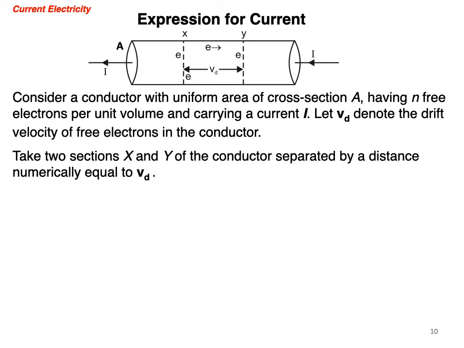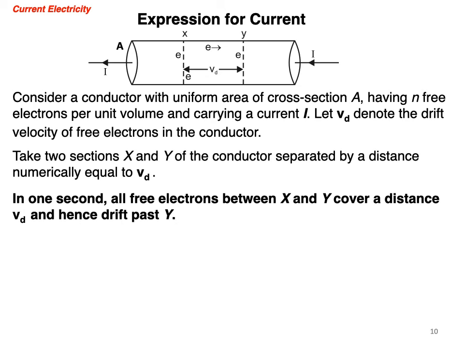Let us take any two sections x and y of the conductor separated by a distance Vd. Vd is numerically equal to the drift speed. This is the distance between x and y, and it is numerically equal to the drift speed. So this also is the distance covered by free electrons in 1 second.